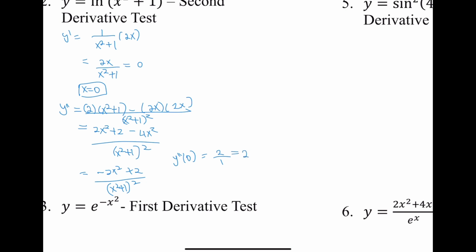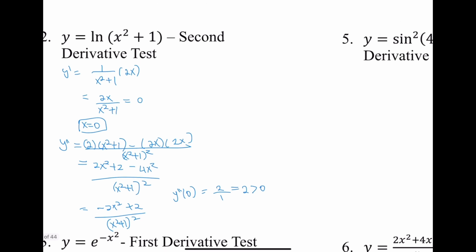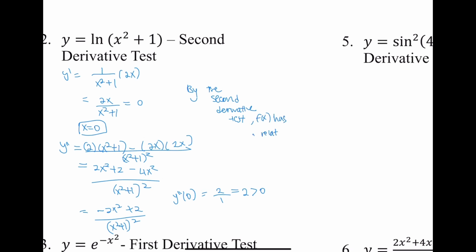So this is positive, which means that we have a relative minimum here. By the second derivative test, f of x has a relative minimum at 0, 0.